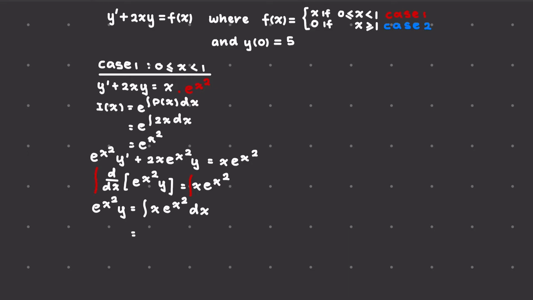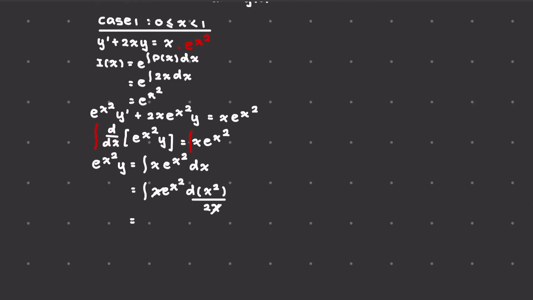Doing the throwback method here, we take the derivative of x squared, which is just 2x, and we can cross out the x's, and this just leaves us with 1 over 2 e to the x squared.